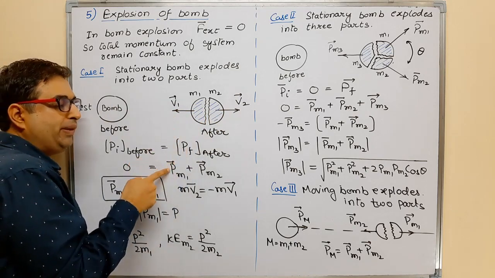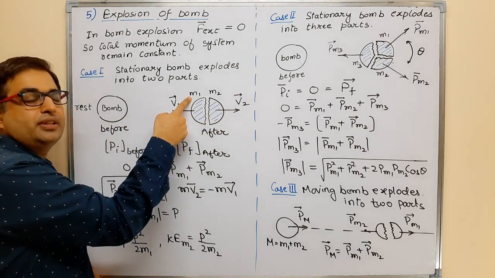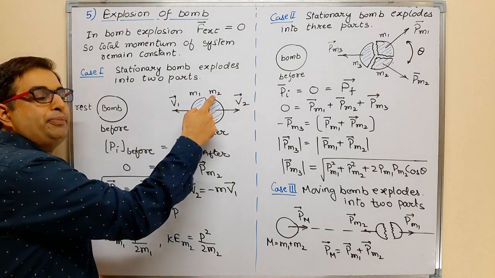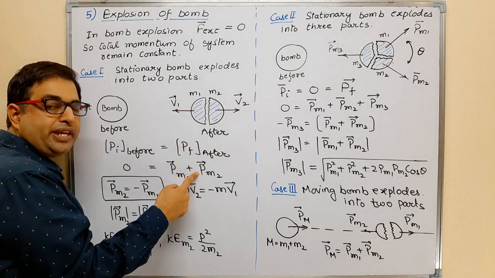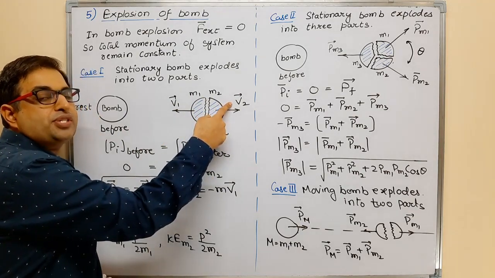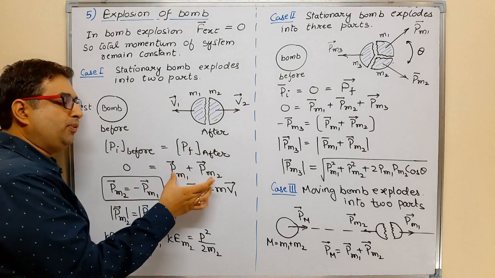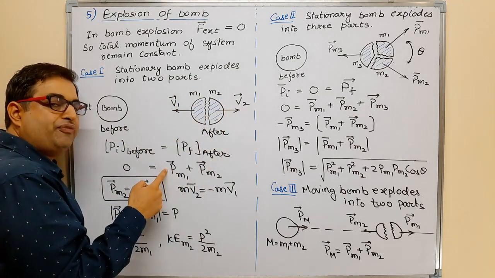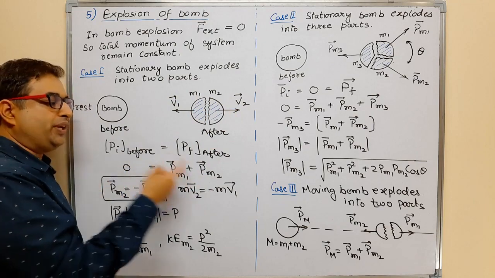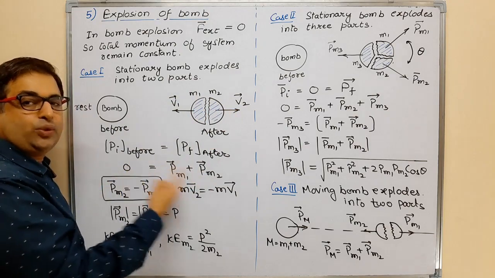One is momentum of mass m1 part. Velocity of m1 is v1 and second part is m2. So momentum of second part is pm2 and it is moving with velocity v2. So total momentum after blast is pm1 plus pm2. Initial momentum is 0. So according to the conservation, they are equal.